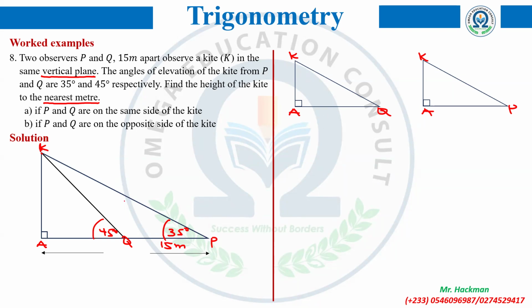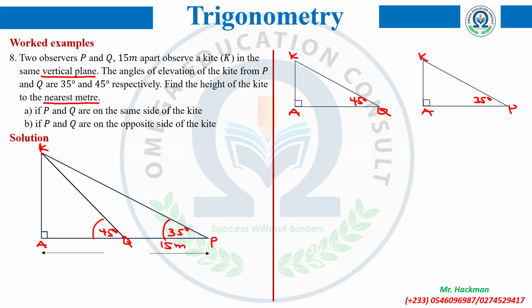So that's what we have. However, in this case, let me indicate any known side or angle. I know this angle here to be 45. I don't know any side for now. I know this angle to be 35 degrees. I don't know the length of any side for now. However, we will need the length of sides for us to proceed.